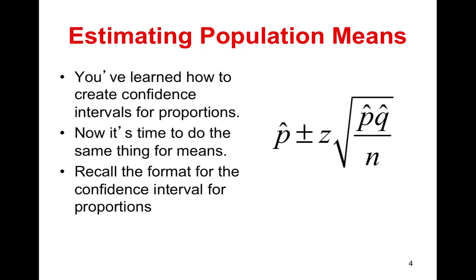Now, it seems reasonable to imitate the process we used for proportions in order to get a confidence interval for a mean. Once again, here's the familiar formula for a proportion. You start with the sample proportion, you add and subtract a critical z-value, and you multiply by the standard error of the proportion.